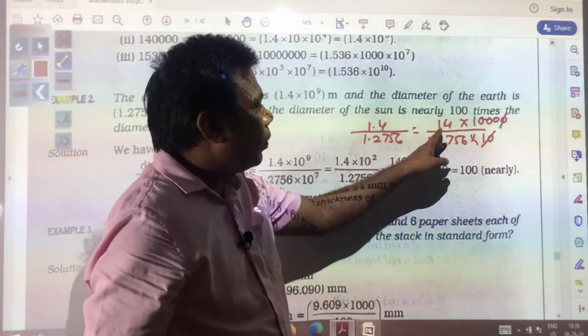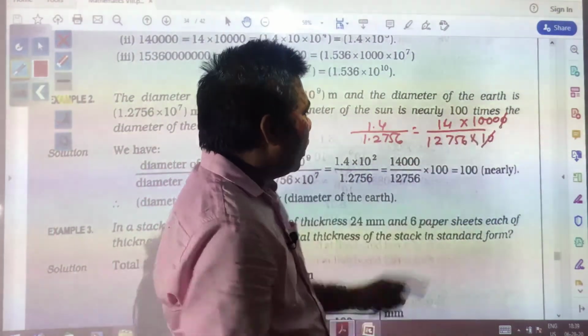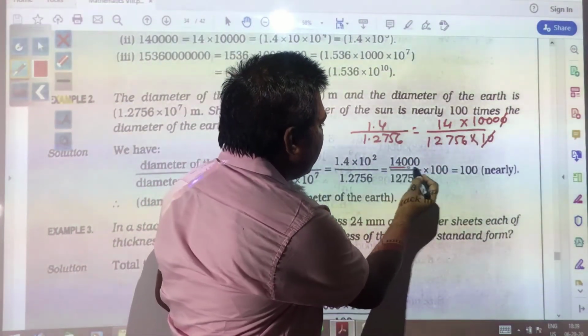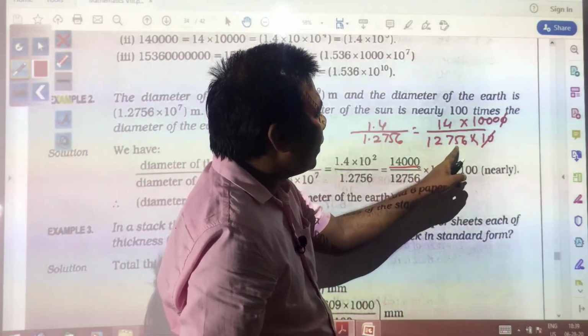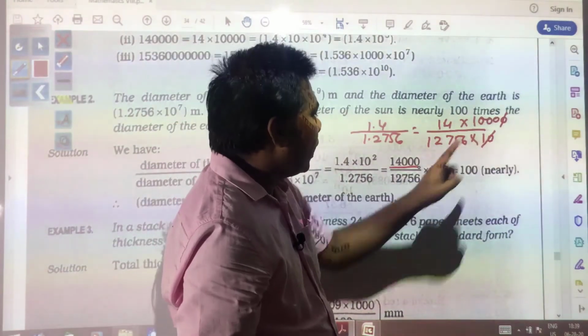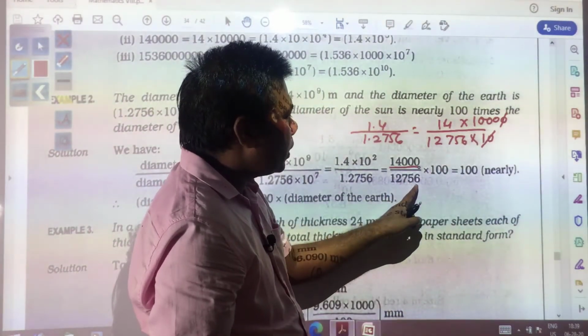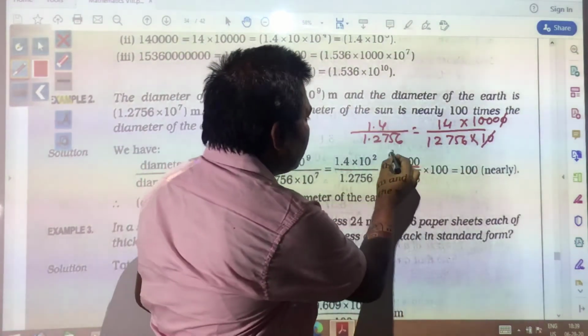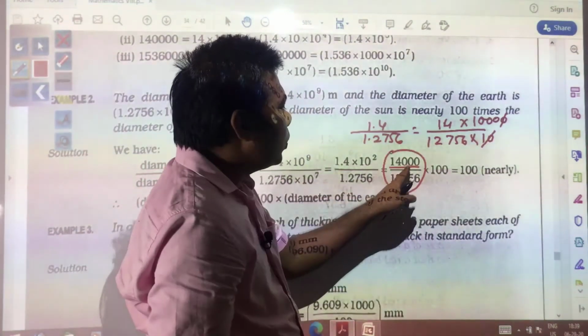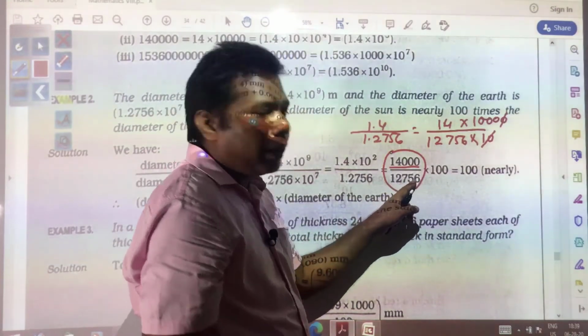What you are left with? 14 into 1000. 14 into 1000 means 14,000. 12,756 into 1 means 12,756, and 10 to the power 2 is equal to 100. It means this you see 14,000 divided by 12,000 something.